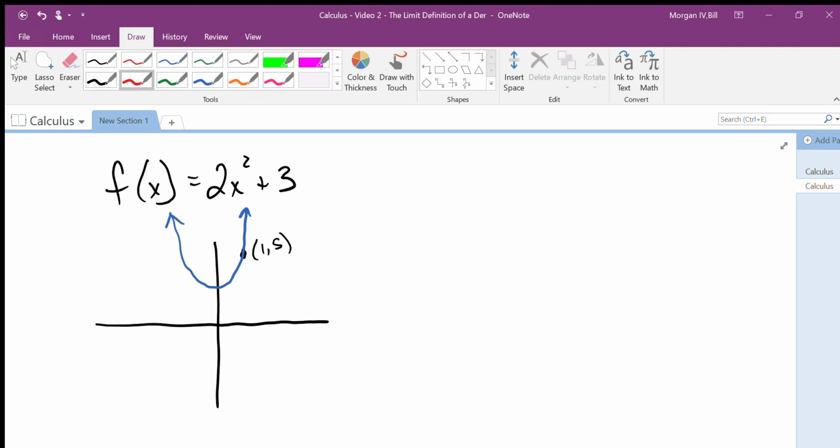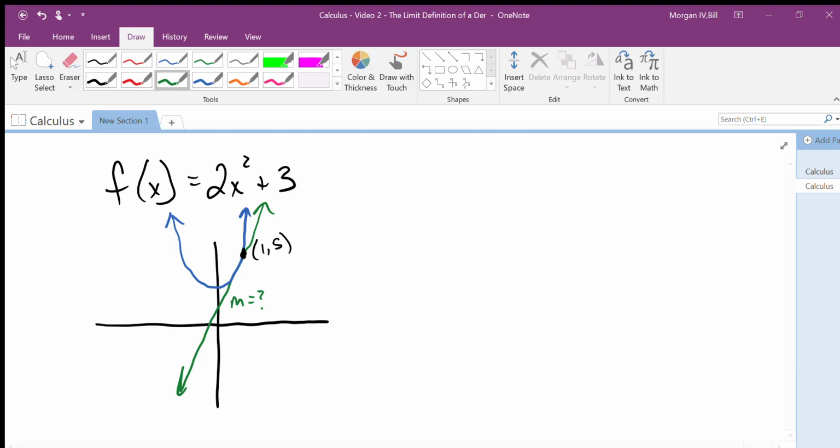What I'm looking for is the slope of the tangent line at that point. That's not a good drawing. Let me try that again. What is the slope of this tangent line at the point 1, 5 to the curve f of x equals 2x squared plus 3?